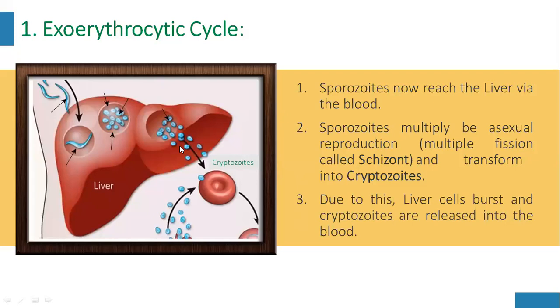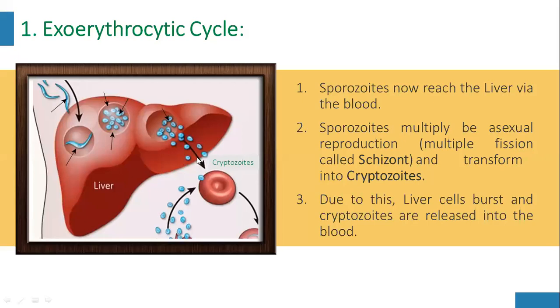The question arises, why liver only first? Simple answer. Liver is the zone where the first food is brought from the intestine, digested food. So it contains a large amount of protein, a large amount of carbohydrates. Everything is a favorable zone. So always they will travel to the liver first. That is a safe area for the growth.